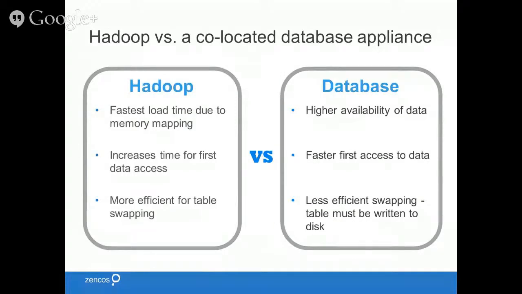So the databases have a faster first-time data access, but if you look at the bottom bullet, it then has less efficient swapping because with the database, in order to get it into LASR, you have to first write that data out to disk to pull it into memory. So you have various benefits to each of these implementation options.